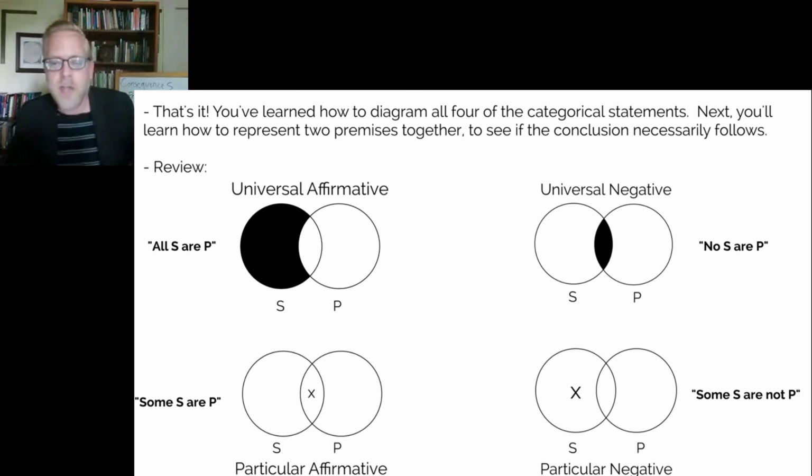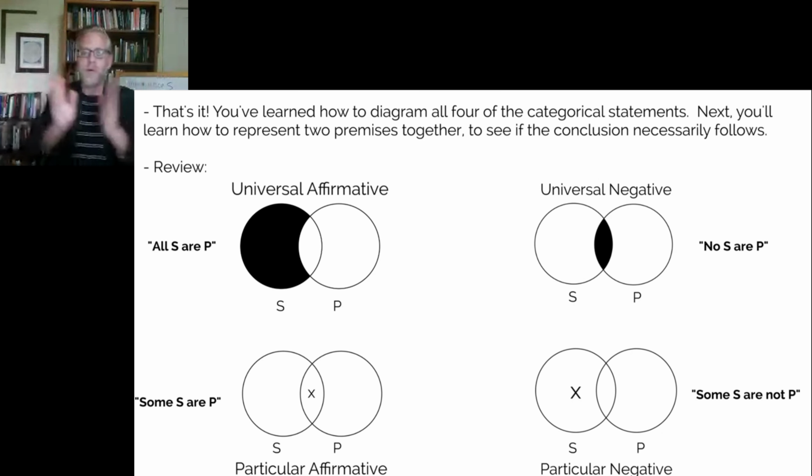Okay? So just as review, we're doing a brand new type of logic, categorical logic, where categorical logic arguments always have two premises and they make some sort of categorical statement, either all S are P, no S are P, some S are P, some S are not P. And then when it comes time to evaluate an argument, we're going to learn how to get three circles and use this symbolism to represent the premises inside of our three circle construction.